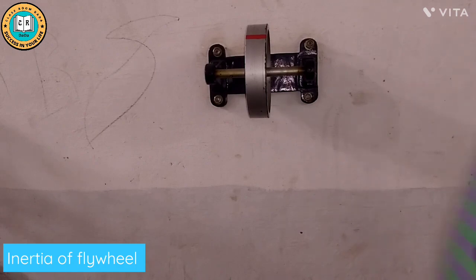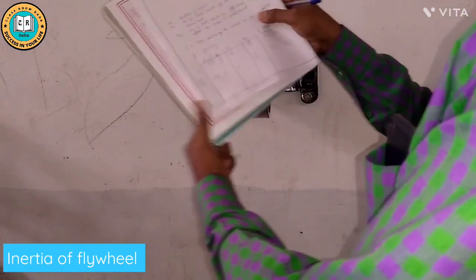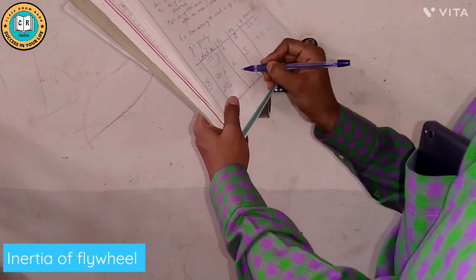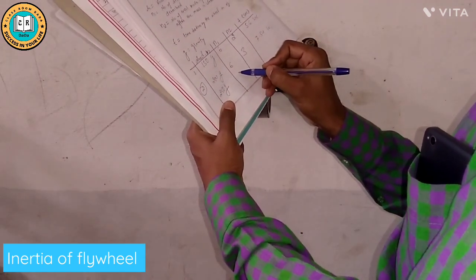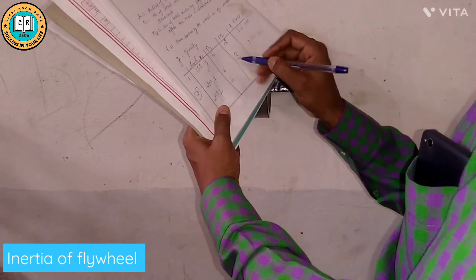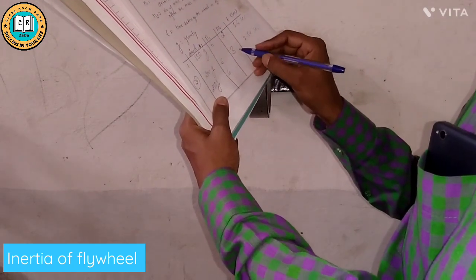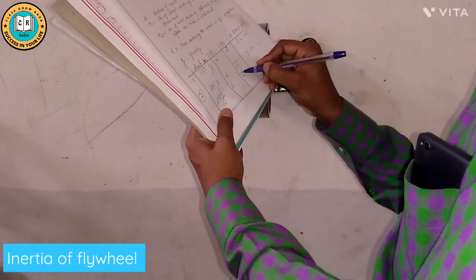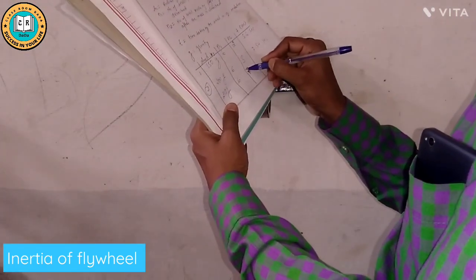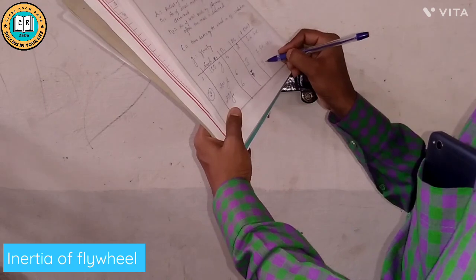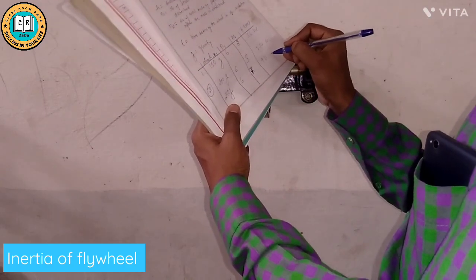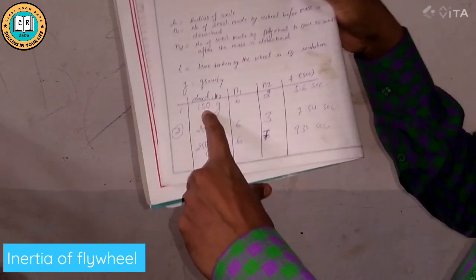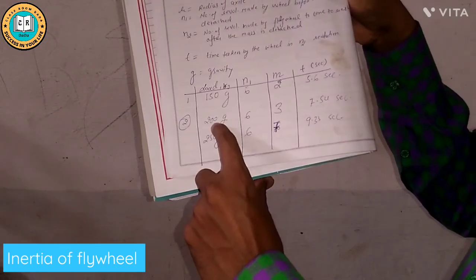So 6 revolutions in 9.33 seconds. For the third reading the weight we have taken is 250 gram. N1, the revolutions without detachment, is 6, and N2 is also 6. The time taken was 9.33 seconds.